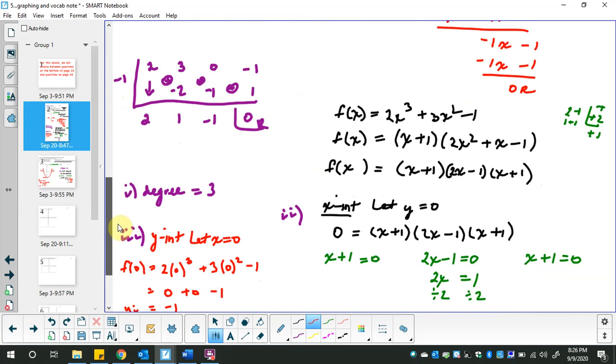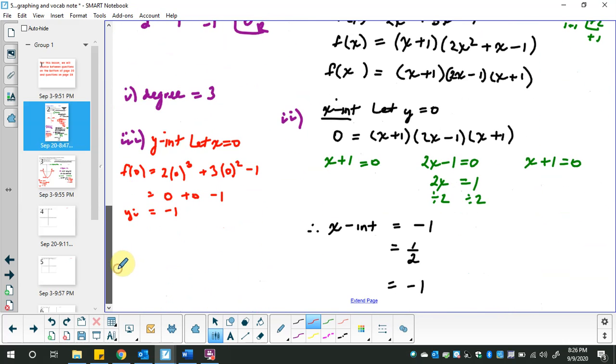So if I take a look at our x-intercepts, I hope that you realize that this happened twice. So that means we have a double root at x equals -1.